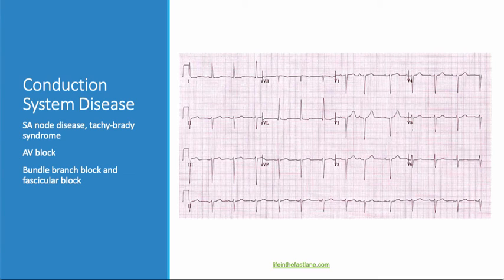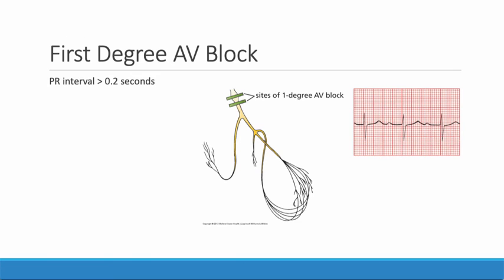We see conduction in the ventricles fail when we see bundle branch blocks and things like that, and fascicular blocks.